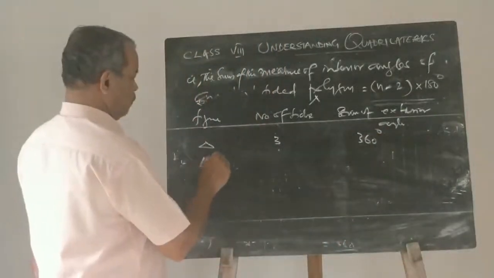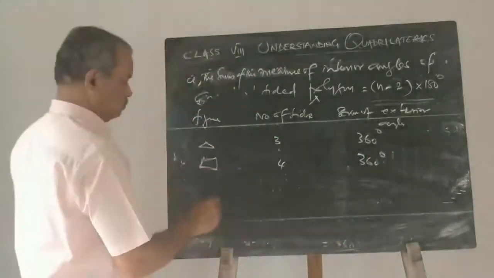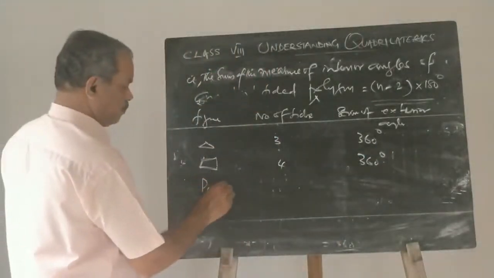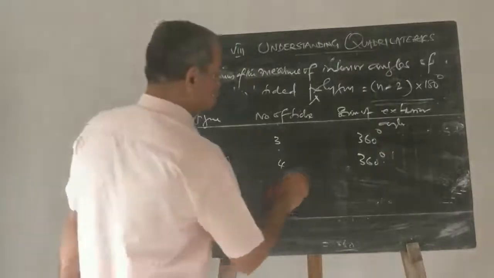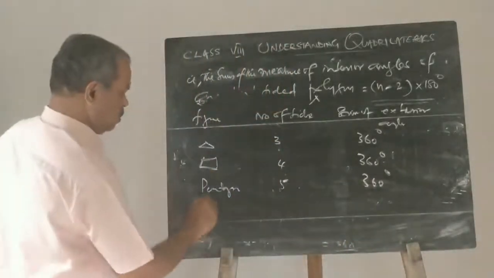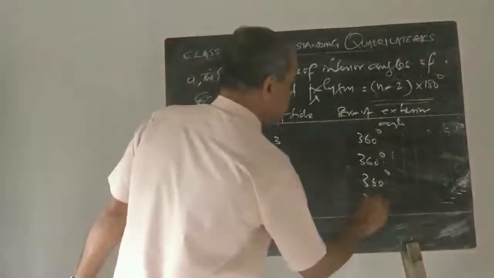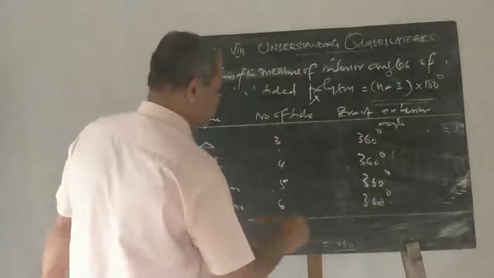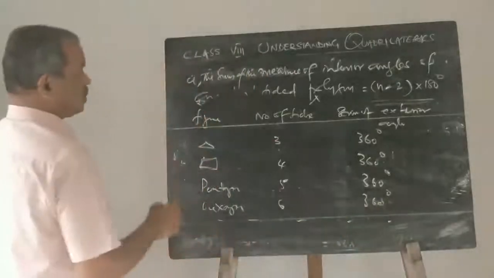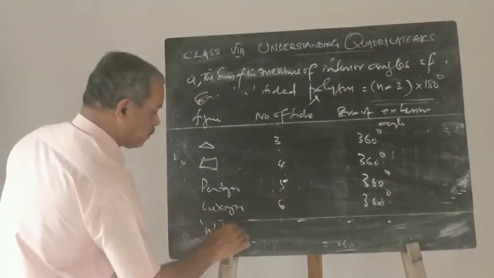Quadrilateral: 4-sided, 360 degrees. Pentagon: 5-sided, 360 degrees. Hexagon: 6-sided, 360 degrees. In this manner, what is the sum of all the exterior angles of an n-sided polygon?